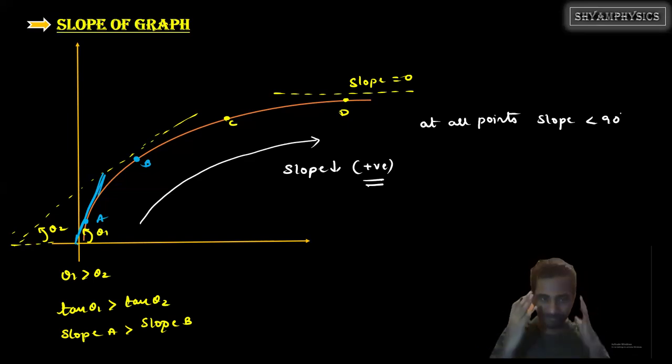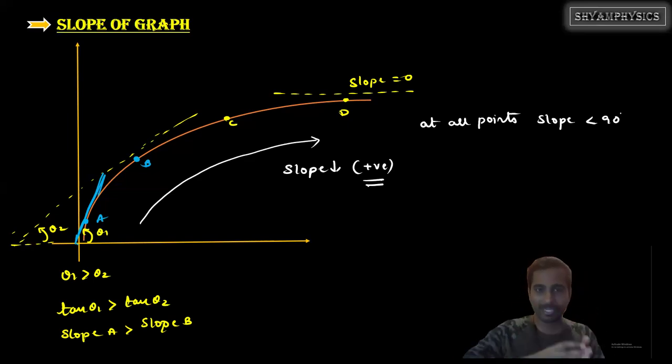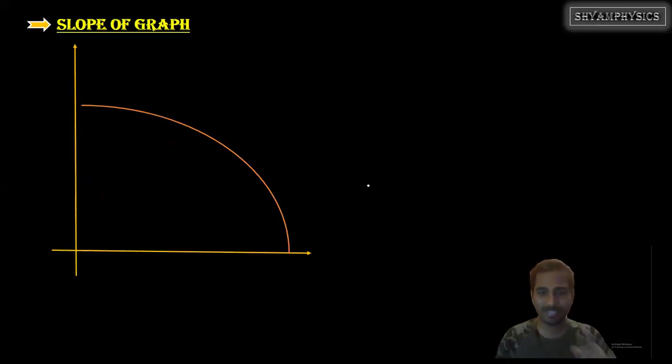Simple. From this graph we analyze that from A to D, the slope is decreasing. Decreasing does not mean negative. It is decreasing, but a positive number. At point D, its value will become 0. That's all. Done? Good. We'll do one more.